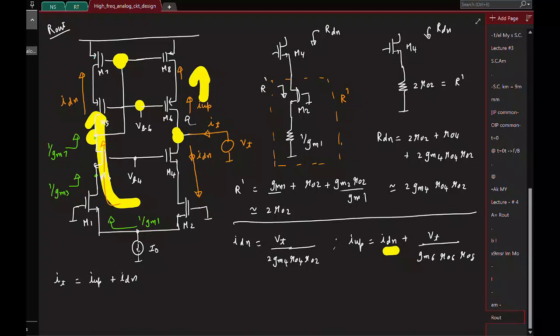This is very similar to what we did for the earlier op amp also. If it's not clear, please let me know, I'll explain it again. Great. So now we can write what is I test, IT. What is IT?